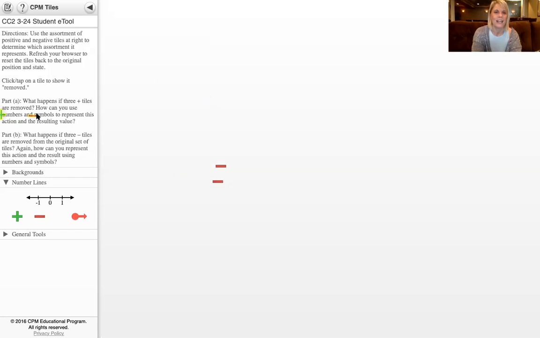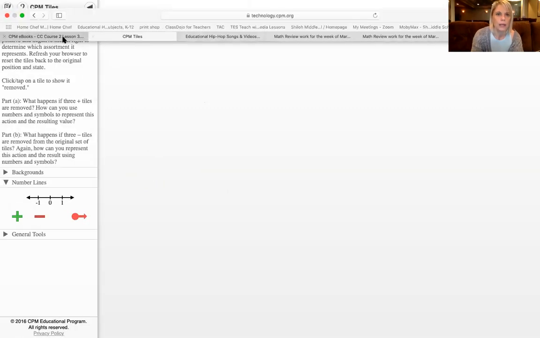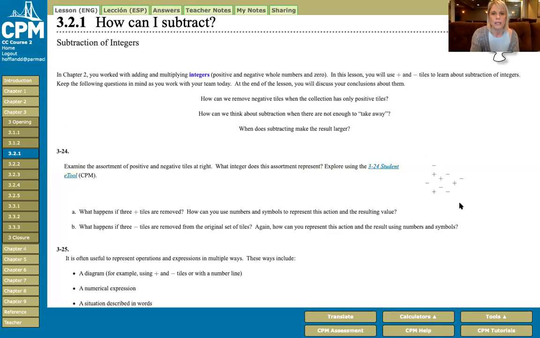Sorry, guys. And 4 zero pairs. So 4 plus a negative 6 equals negative 2. This is what we did on Monday: we made zero pairs and you were able to see what the answer is. So if you have 4 and you add negative 6, your answer would be negative 2. So that's how we did that on Monday.